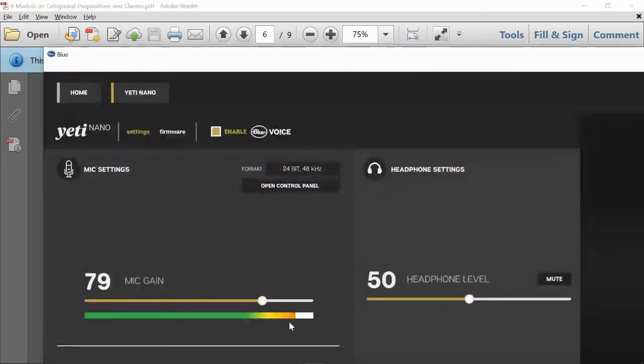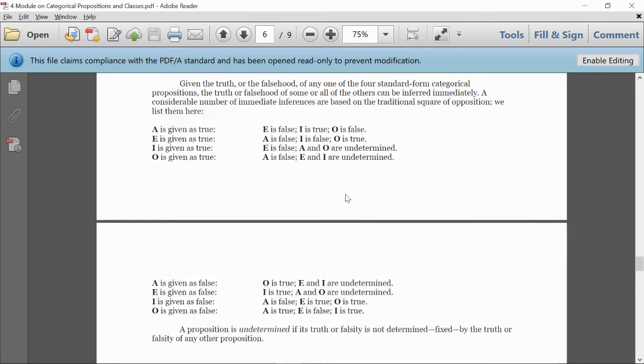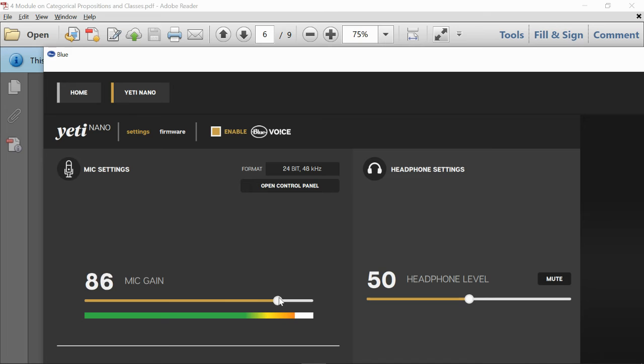Why undetermined? Because it's not clear whether they are either true or false. When we say some S are P, it does not also mean that all S are P. Not that it falsifies, but rather that it's undetermined. And when you say some S are P, you will not be sure whether some S are not P.